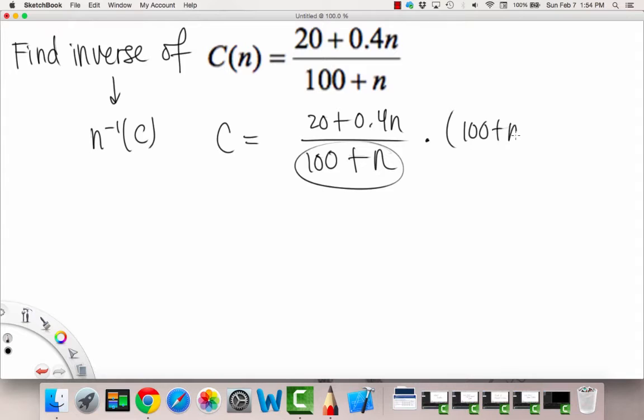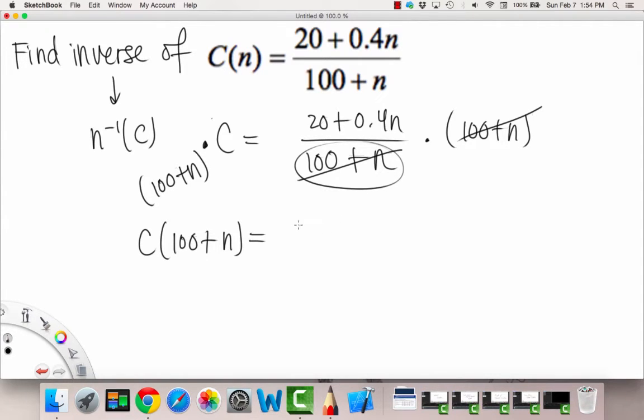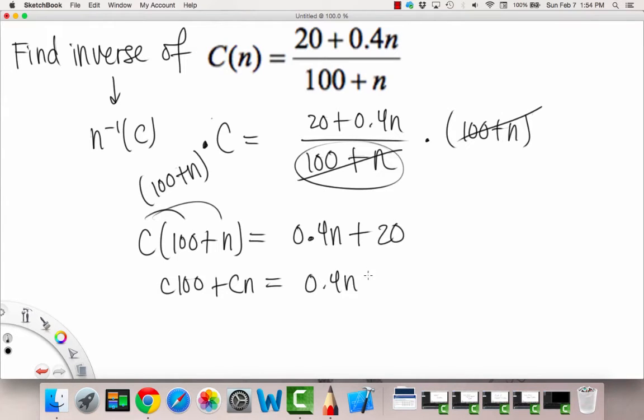On the left side we get c times 100 plus n, is equal to, these ones cancel out, and we get 0.4n plus 20. Now we're just going to distribute this c in. So we get c times 100 plus c times n is equal to 0.4n plus 20.